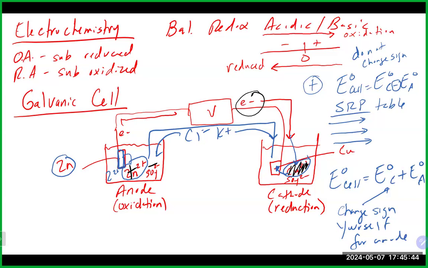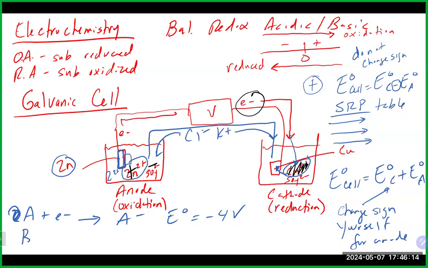Remember, though, that if you are giving an SRP value or an SOP value, a standard oxidation potential value, you should give it for how the reaction is written. So if we had something like this: A plus an electron goes to A minus, and our E naught is minus 4 volts.